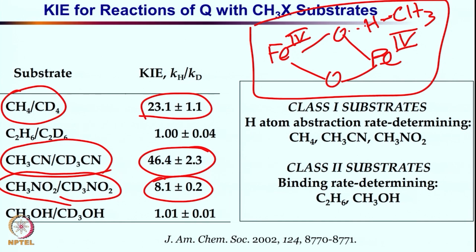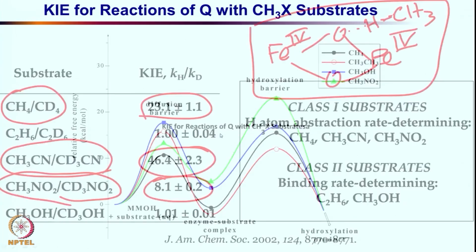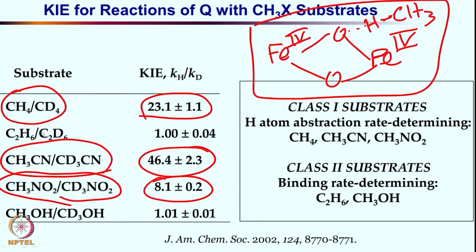On the other hand, for substrates like ethane and methanol, the approach of the substrate towards this active site is the one which is critical or most challenging, and therefore we end up getting a diffusion control process.